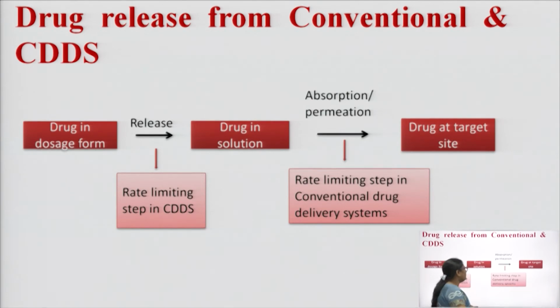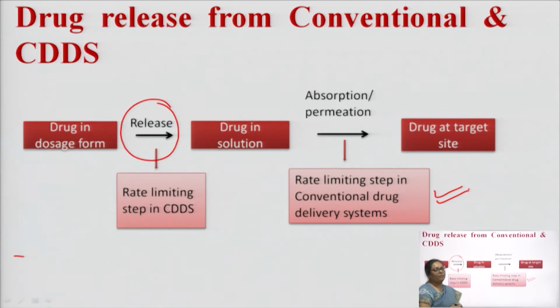So, in case of conventional drug delivery system, we say the rate limiting step is the absorption or permeation through the membranes. Whereas, in case of controlled drug delivery systems, we design the system or fabricate the system in such a manner that the rate limiting step becomes the release of the drug from the dosage form. That is, these drug delivery systems release the drug at a slower rate and hence are able to control the drug action.